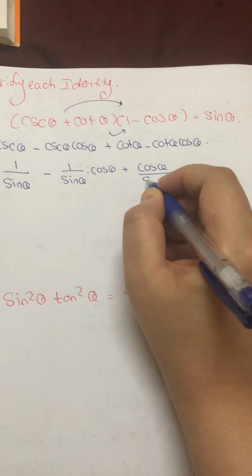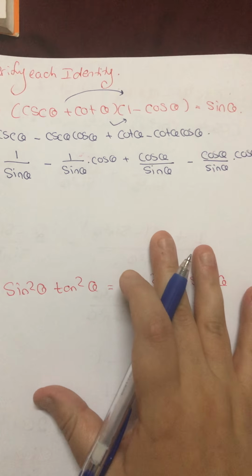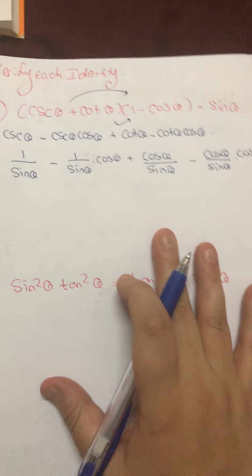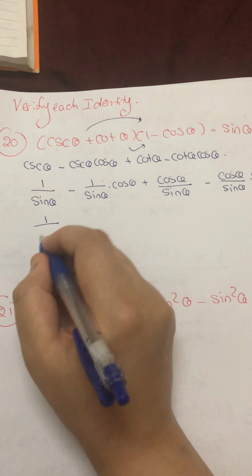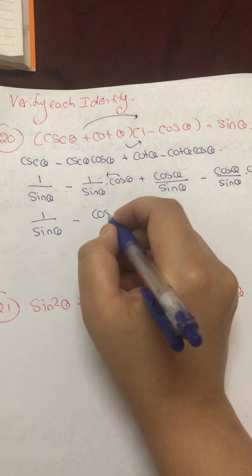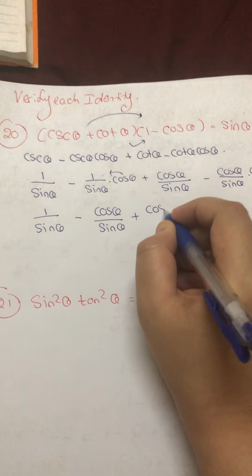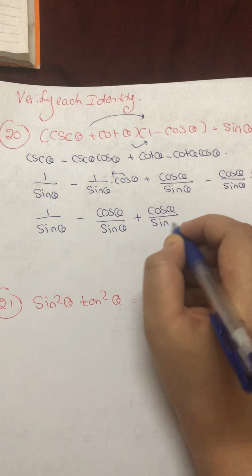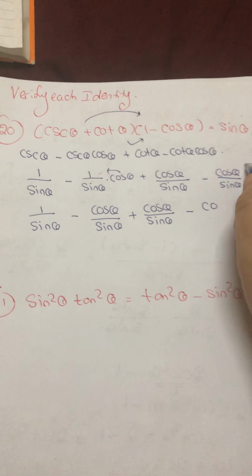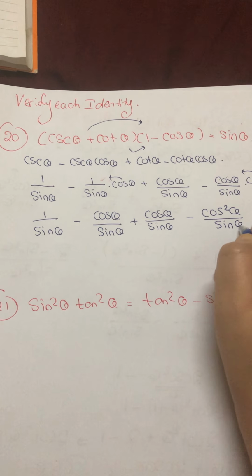This is cotan theta, and this cotan theta is multiplied by cosine theta. And let me see what will happen after that. It is very good. Now here, minus, I'm just gonna write this up here, cosine theta over sine theta plus cosine theta over sine theta minus cosine, I'm gonna multiply this by this, cosine squared theta over sine theta.